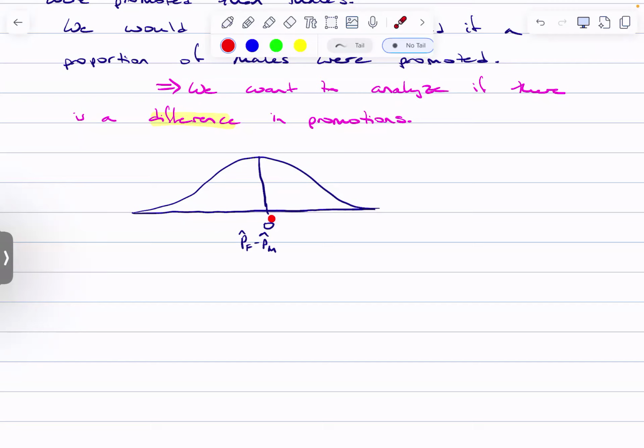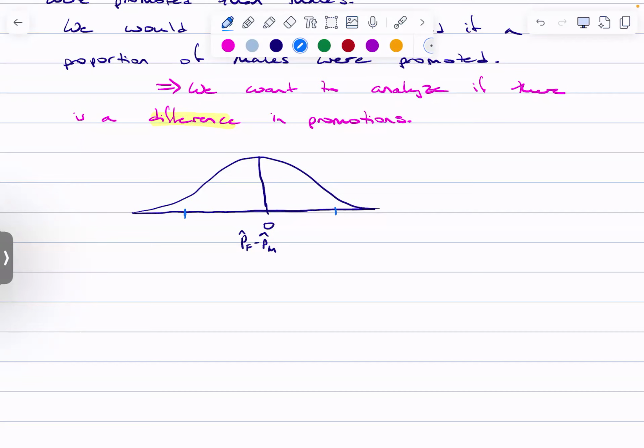If they're the same, it's centered on 0. If more males are being promoted than females, then we would be down here. If more females are being promoted than males, then we would be up here.